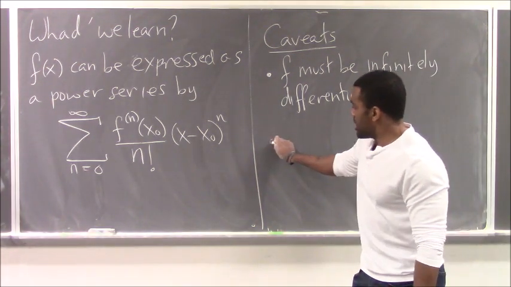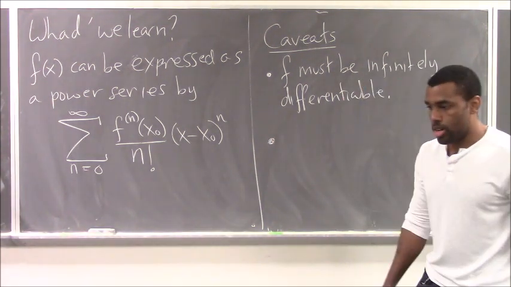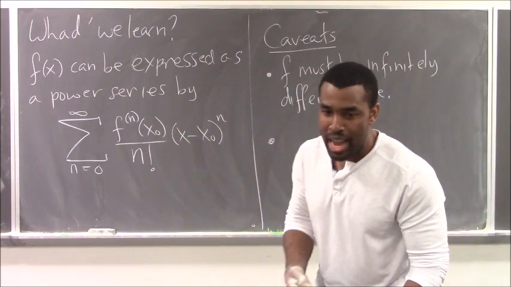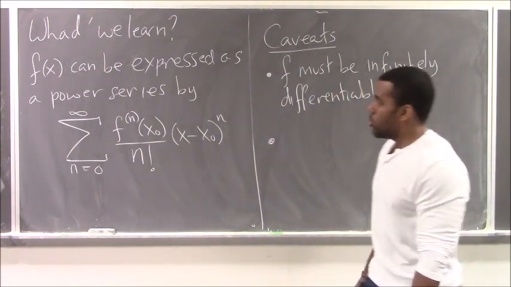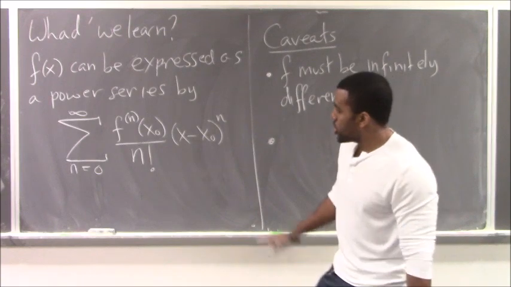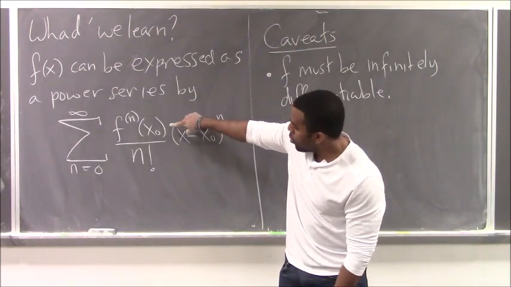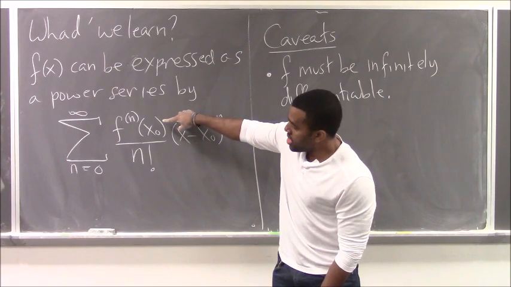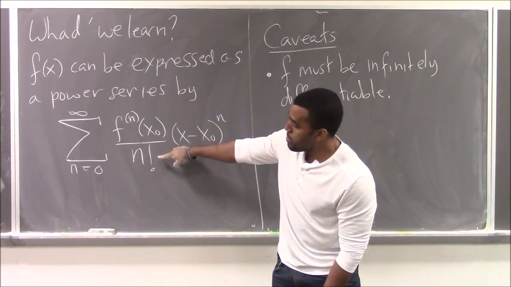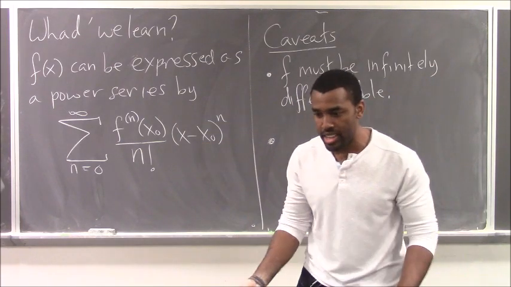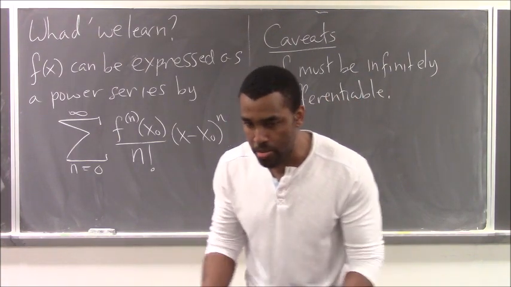The second thing is something that was mentioned earlier. We need to make sure that we have absolute convergence here, which means we need to make sure that our derivatives are well behaved. What does well behaved mean? They must be such that if I divide them by n factorial and throw that thing into the ratio test, it's going to give me a limit less than 1.